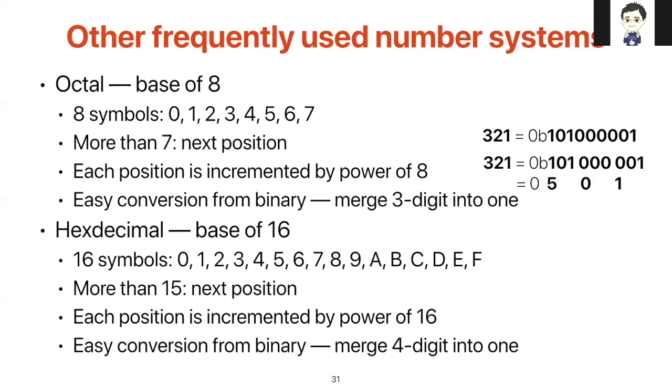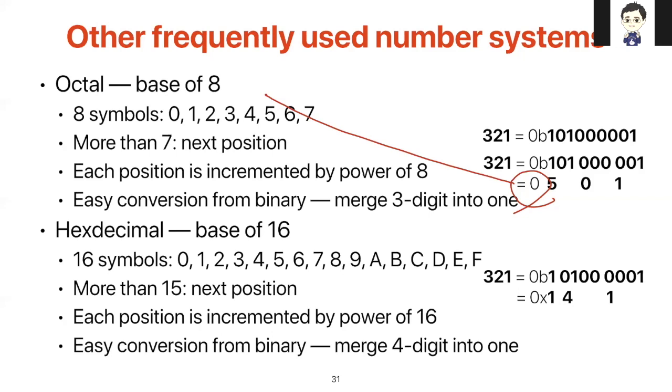Then that turns out to be 501. If it's base 16, you combine 4 digits into a single digit and make it a hex number. So it becomes 141 in this case. If you are familiar with the C programming language, a 0 in front of a number represents octal, and 0x means hexadecimal.